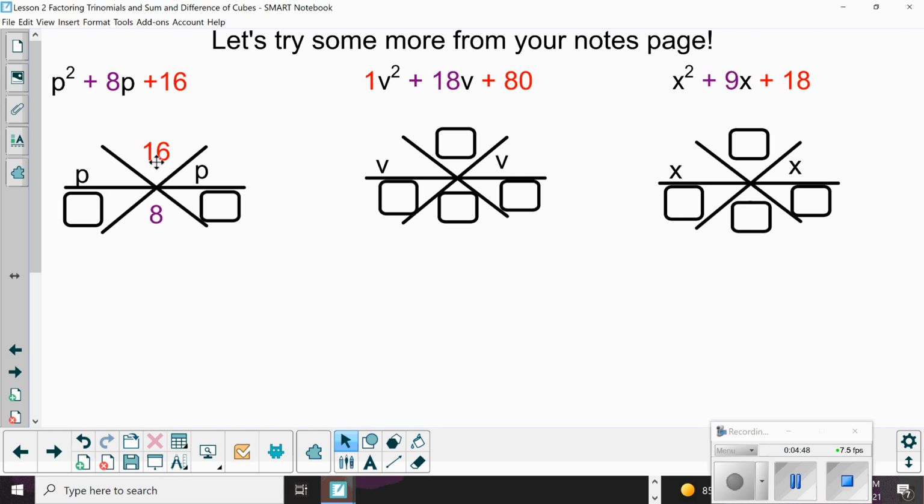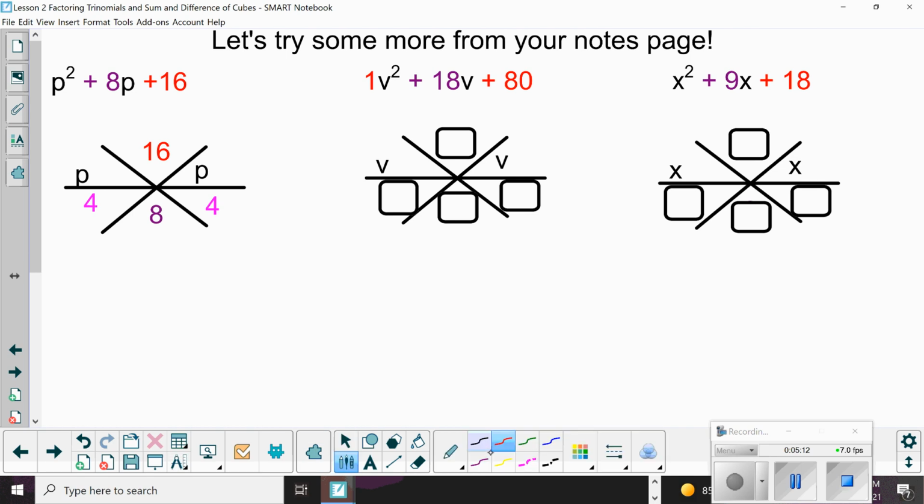Remember that this is A times C. Now the thinking part comes. What two numbers multiply to 16 and add to 8? Well, we have 1 times 16, 2 times 8, and 4 times 4. 4 times 4 will do it. There's our numbers.